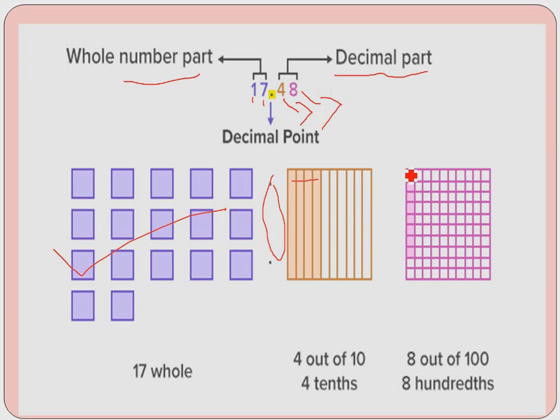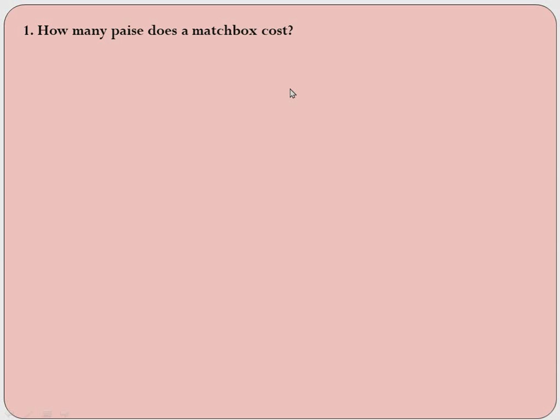Out of 100 parts, we are taking only 8 parts. That is 8 out of 100 and this is 4 out of 10. So just now I told you we can write this as 0.4 and this as 0.08. So this number is 17.48. Understood children?